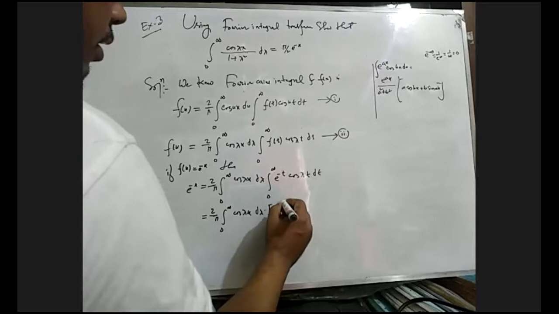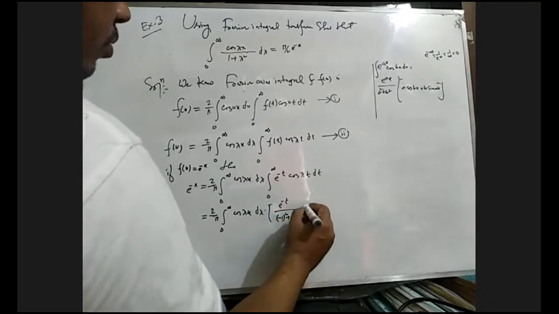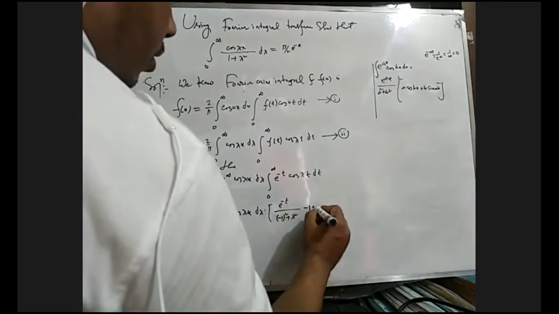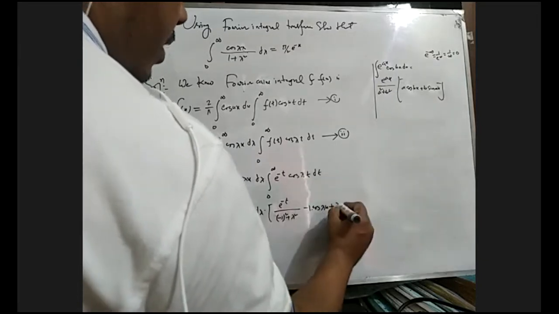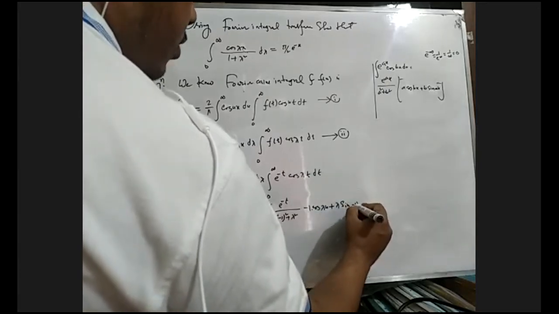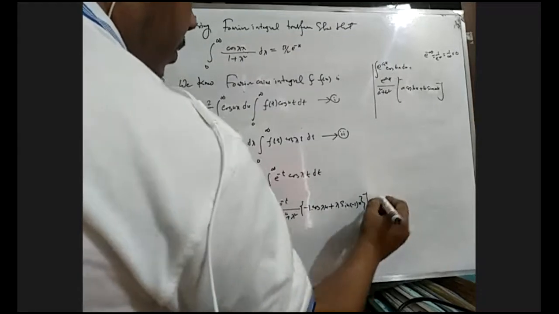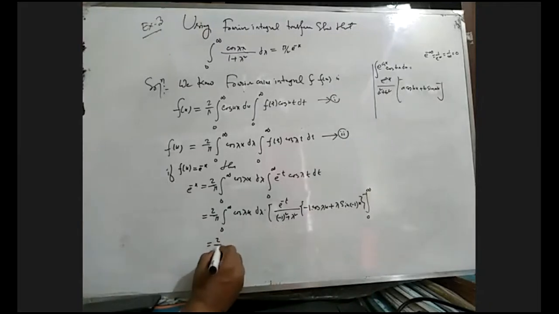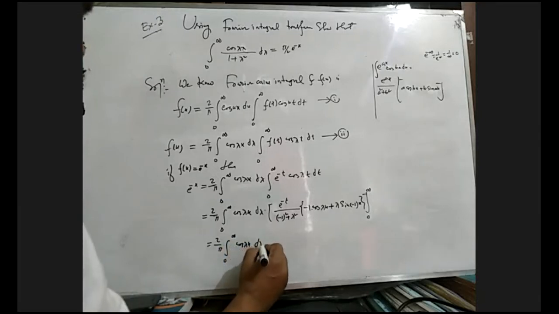Just putting here e to the power minus t divided by minus 1 square plus lambda square, times (minus 1 into cos lambda x plus lambda sin lambda x), from 0 to infinity, then cos lambda x d lambda.